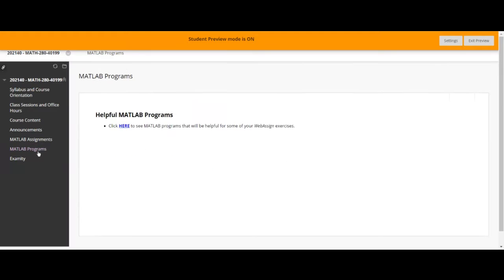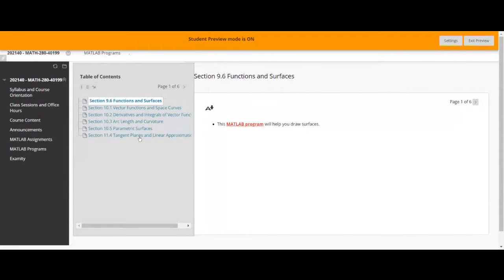Go to MATLAB Programs, click here, and section 11.4. There's a MATLAB program in 11.4 that will help you graph a tangent plane to a parametric surface. And it actually goes with this example 7. If you click on that, it'll download the program.